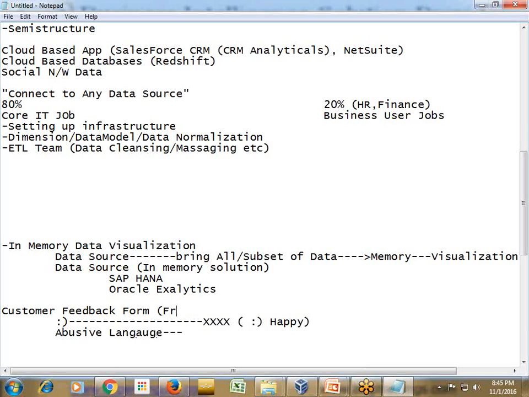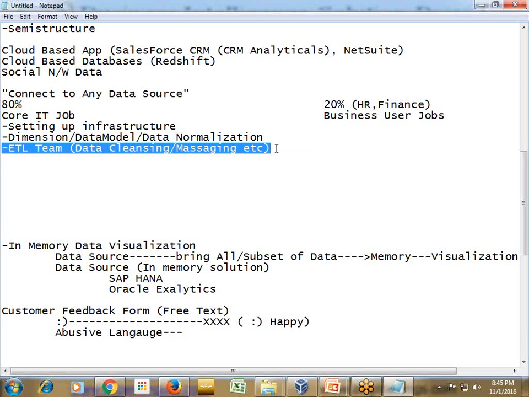A customer feedback form may be free text. People can write anything. How do you transform it? You need to apply certain logic before you visualize it. It has to be implemented. Maybe you don't do this. It is being done by a separate team which takes care of data massaging, transformation, and cleansing. We need to coordinate with them. That's a core IT job.